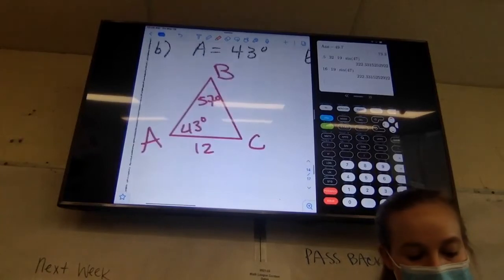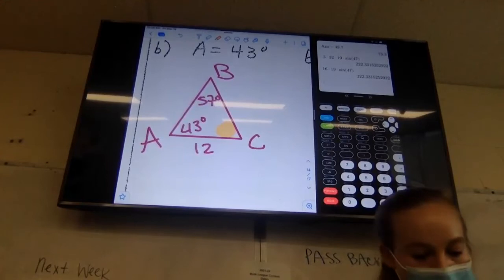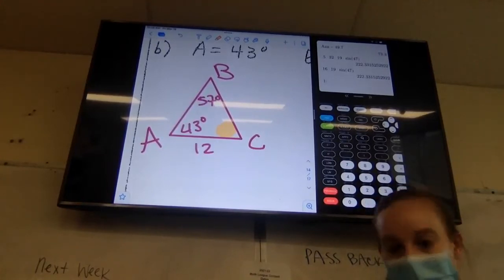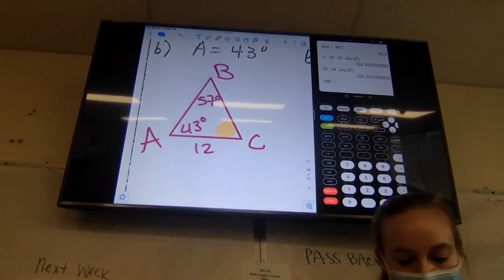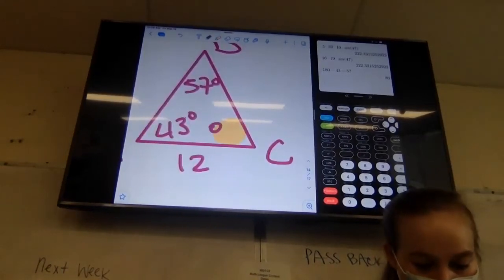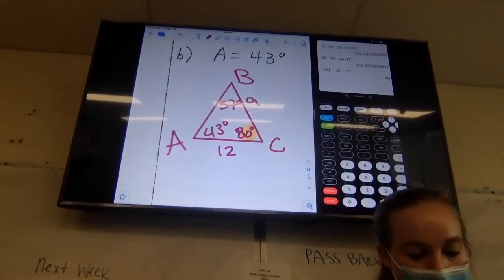Before I find either of those, though, I do need to find this missing angle. What's that missing angle going to be? Whatever, 180, good. 180 minus 43 minus 57, which is 80 degrees. And I heard we were going to find little a, so I'm going to find that one first.